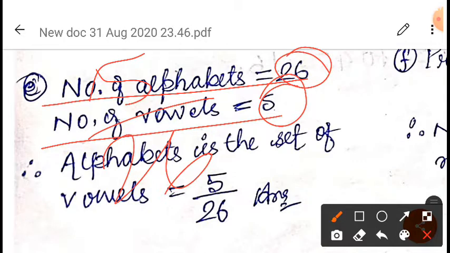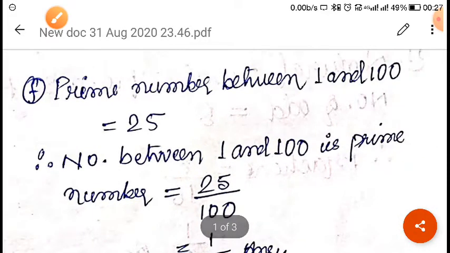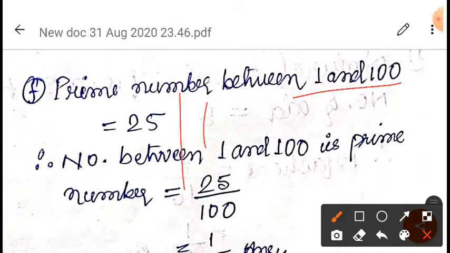Okay, now next they are asking about prime numbers between 1 and 100. Whatever prime numbers are present between 1 and 100, we have to write the fraction between those prime numbers and the total 100. Between 1 and 100 how many numbers will be there? 100, right?